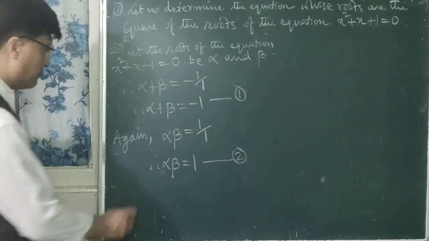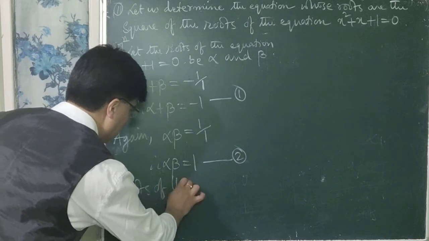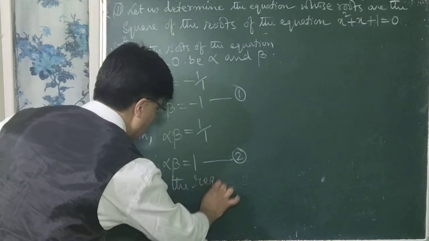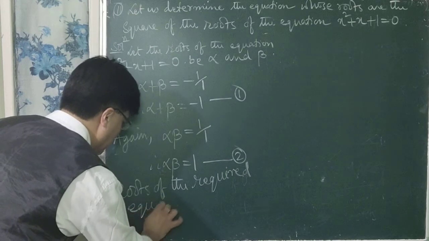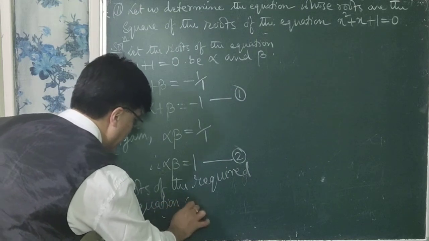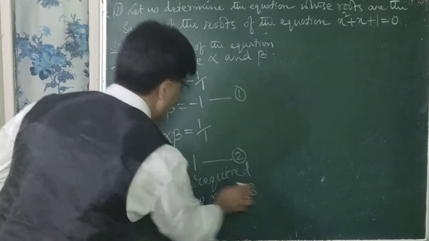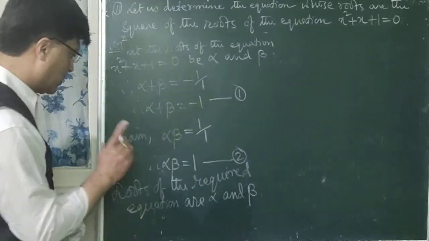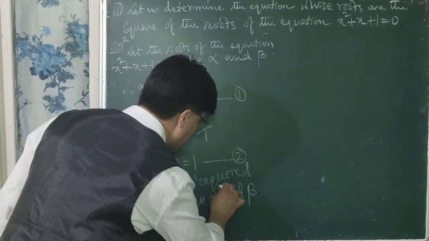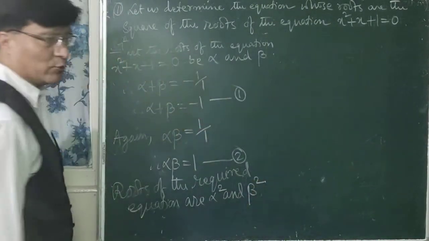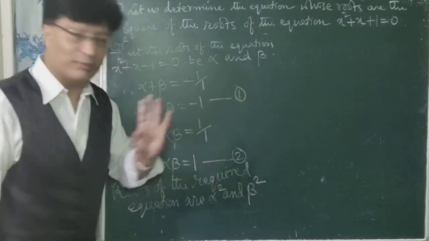So let us write, roots of the required quadratic equation are their squares, that is alpha square and beta square.